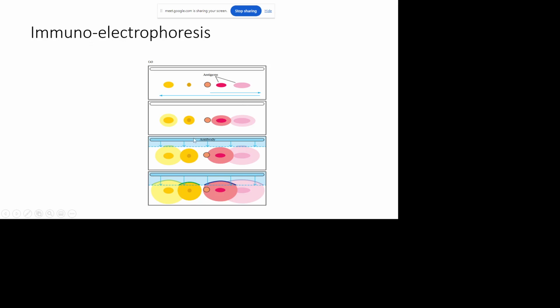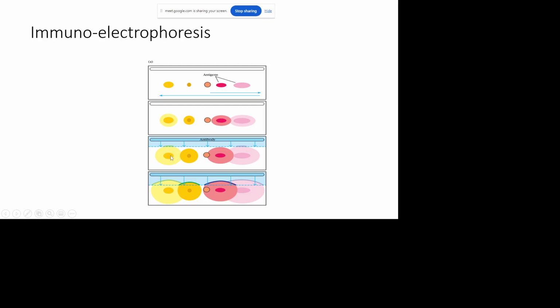Then you will add an antibody over this gel here. Okay, so now these antigens, which were separated by the electrophoresis, will be allowed to migrate through the gel.